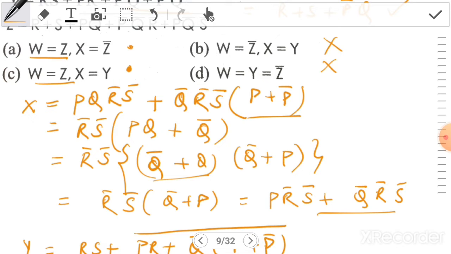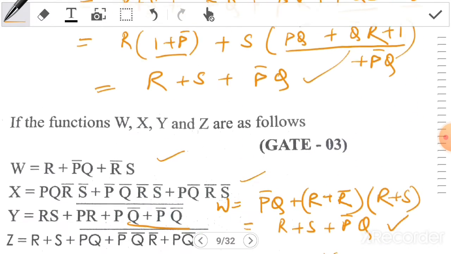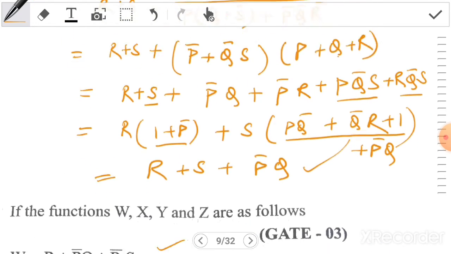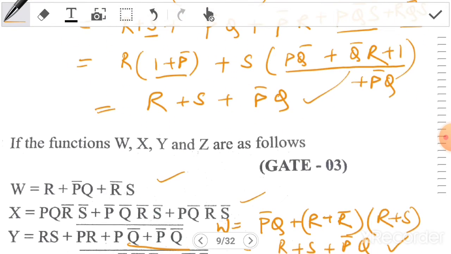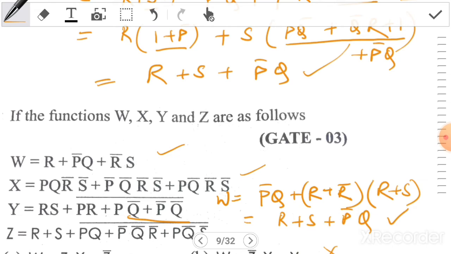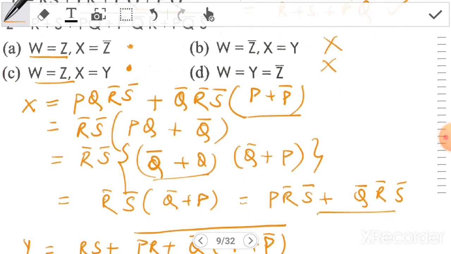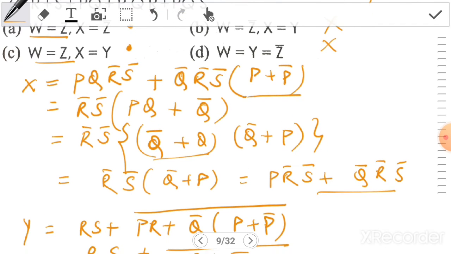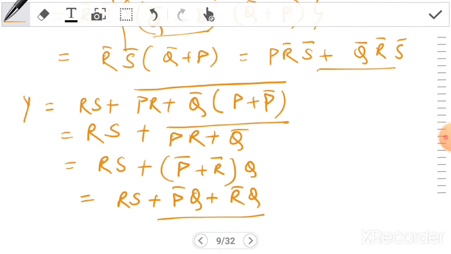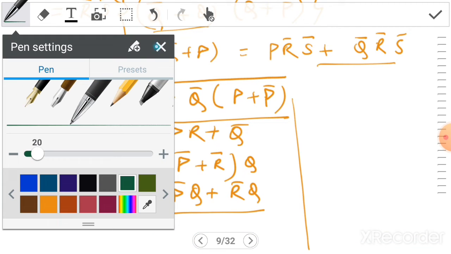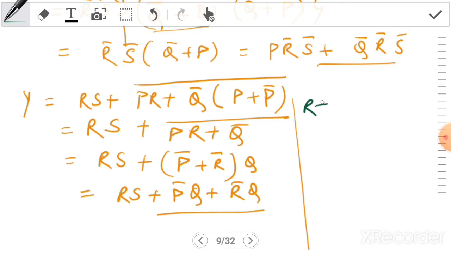So X is this and Z is this. Let us complement this. R plus S plus P complement Q.